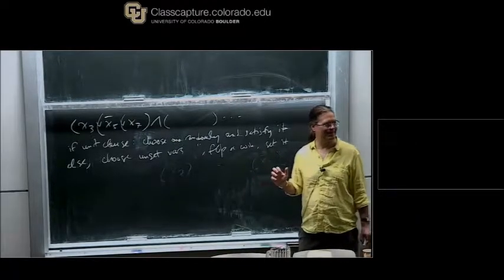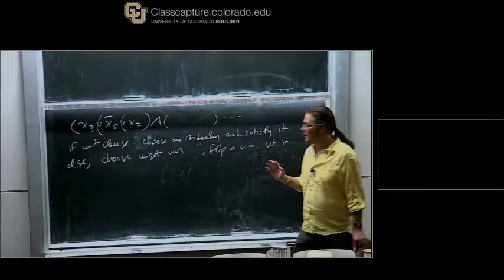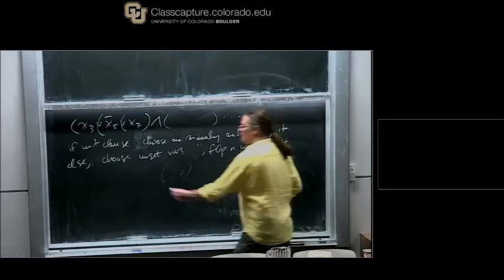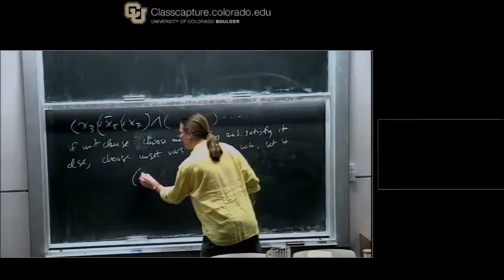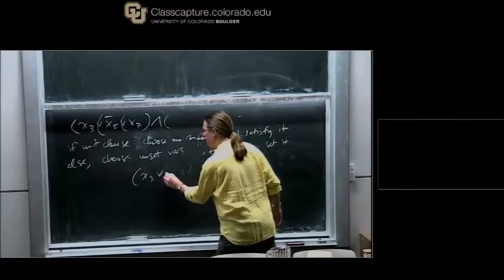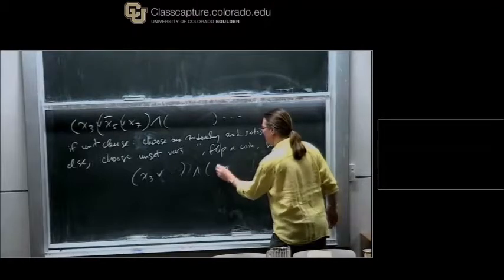But does it consider multi-clauses at all? Okay, is this what you're referring to? It could easily happen that one clause wants x3 to be true, and another clause wants x3 to be false.